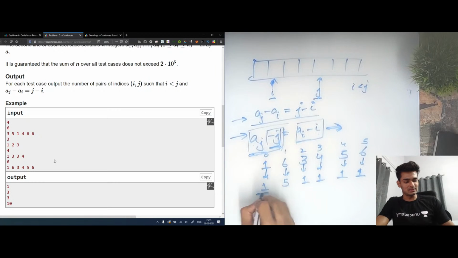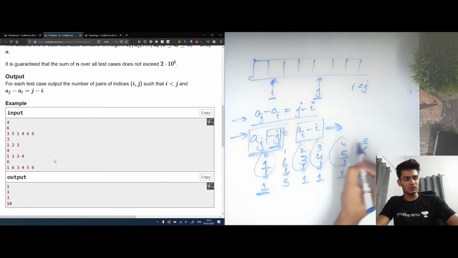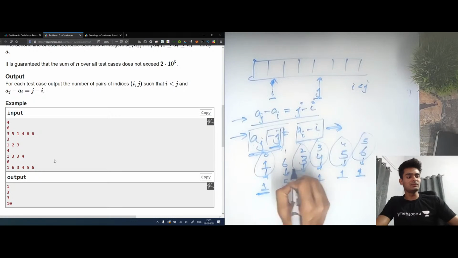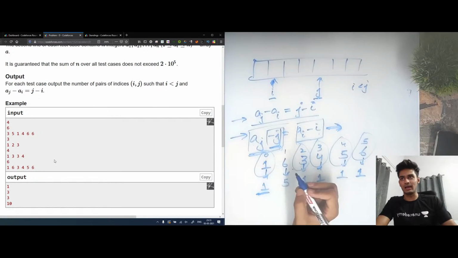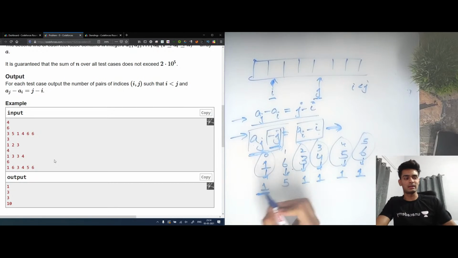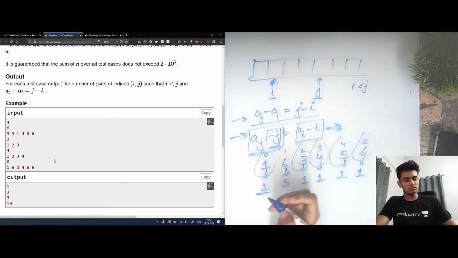Now what this tells us is that we can take this value, this value, this value, or this value. From any of these 5 values, we can make any one index as i and the other index will automatically become j. So we just have to see the count of 1.